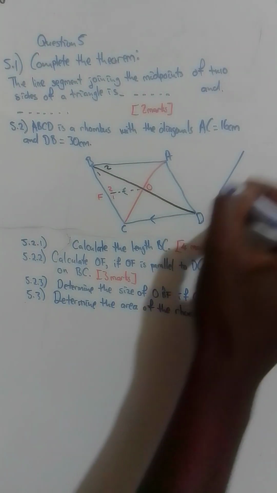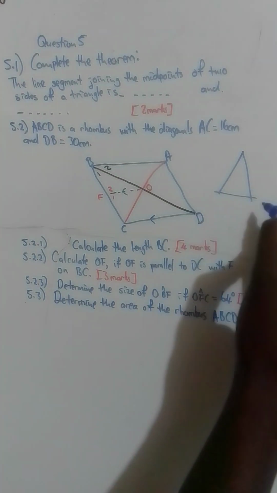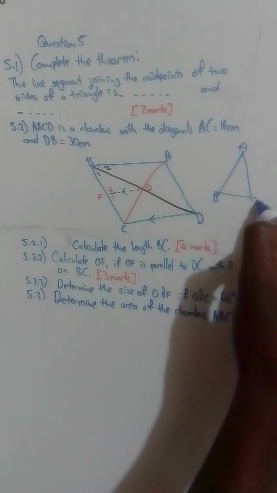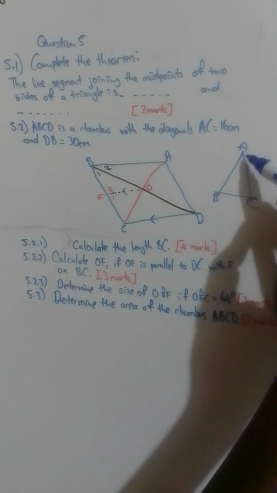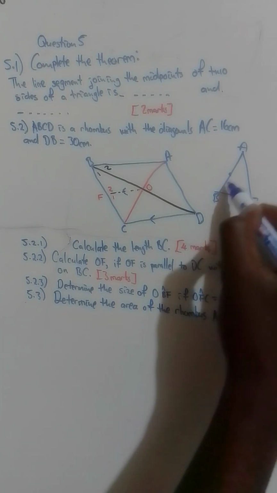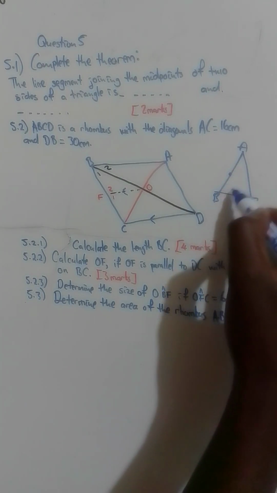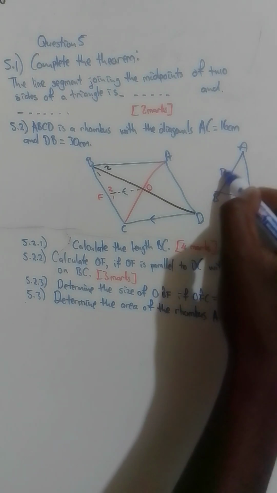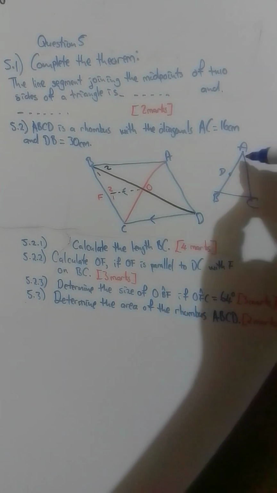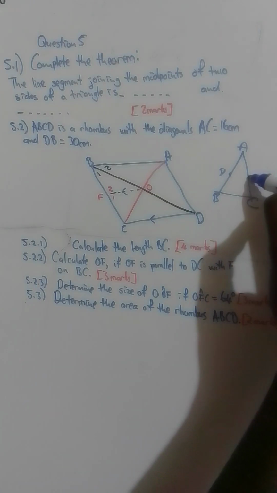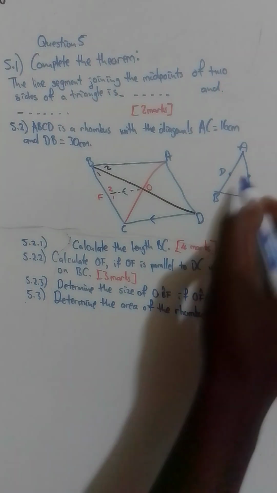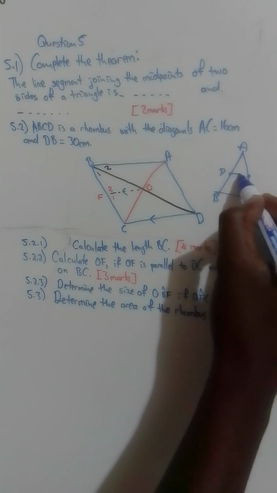What we know is that if we're provided with a triangle and we label this triangle ABC, and we come to line AB and we're told that this point is the midpoint of line AB, we shall call this point D. We come to line AC and get the midpoint of line AC, and we join these two midpoints.